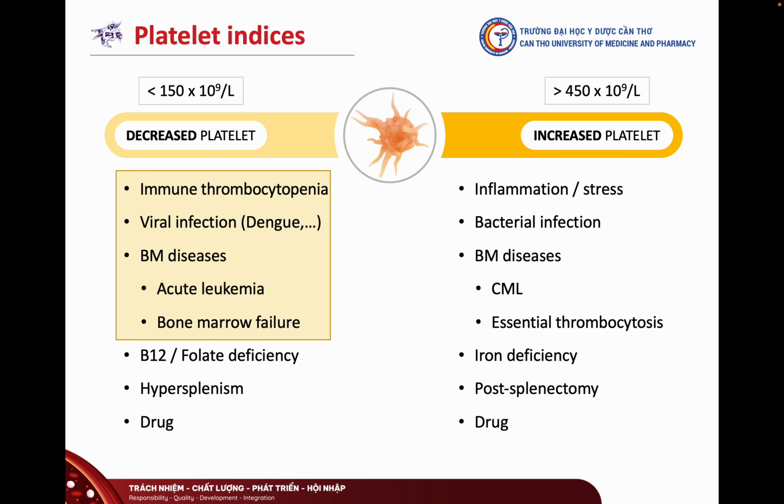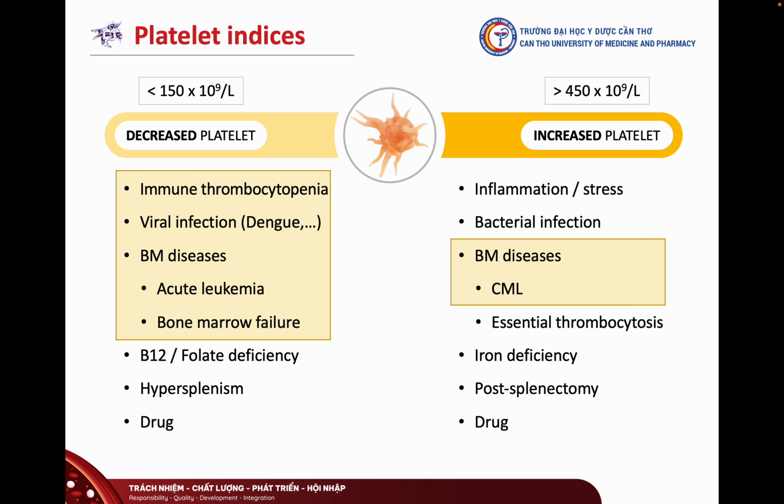On the flip side, when platelet count is elevated, one serious cause to consider is bone marrow proliferative disorder, especially chronic myelogenous leukemia, CML. So, whenever you see platelets that are too high or too low, always ask yourself, is the bone marrow involved?